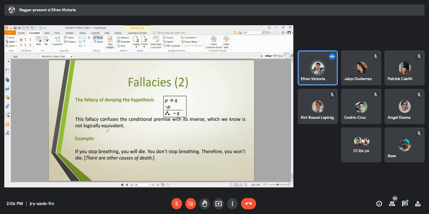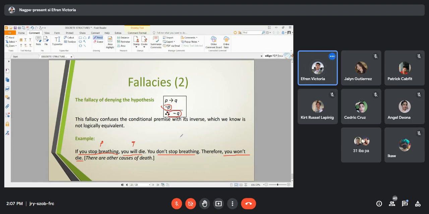So, example, if you stop breathing, you will die. Of course, if you stop breathing, you will die. You don't stop breathing. This is not P, this is P. So, propositional variables, P, Q. So this is not P: you don't stop breathing. Therefore, our conclusion, therefore, you won't die. Not Q. Invalid argument.